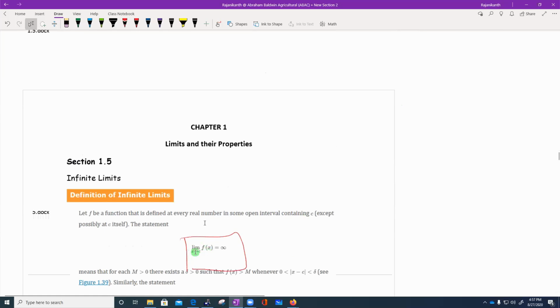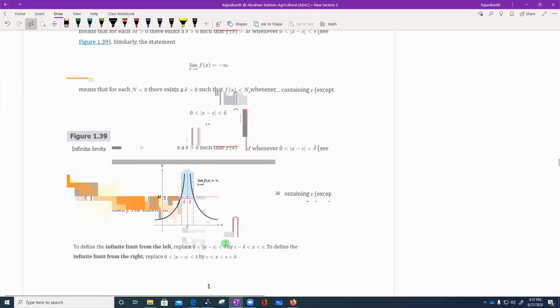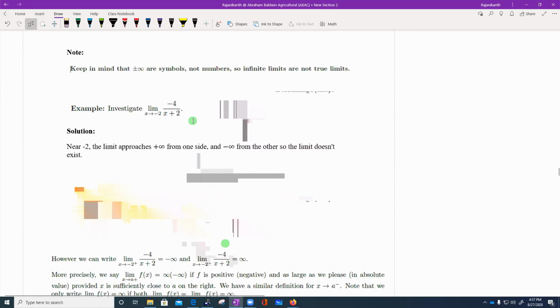You are given a function. If you plug in that x, the c value, and you get the infinity value, that is called an infinite limit. So we will look at some examples very quickly. Look at this. When you plug -2 into this function, what will you get? You will get simply -4 over -2 plus 2, right? So that is -4 over 0. When you see 0 in the denominator, then the answer is always going to be infinite, provided the numerator is non-zero.